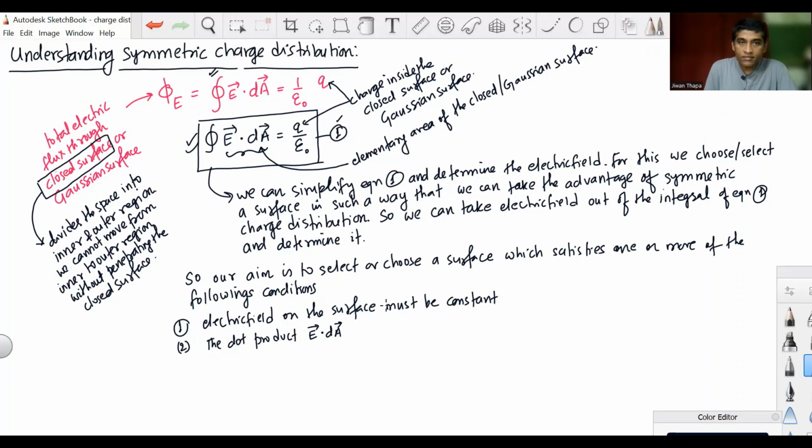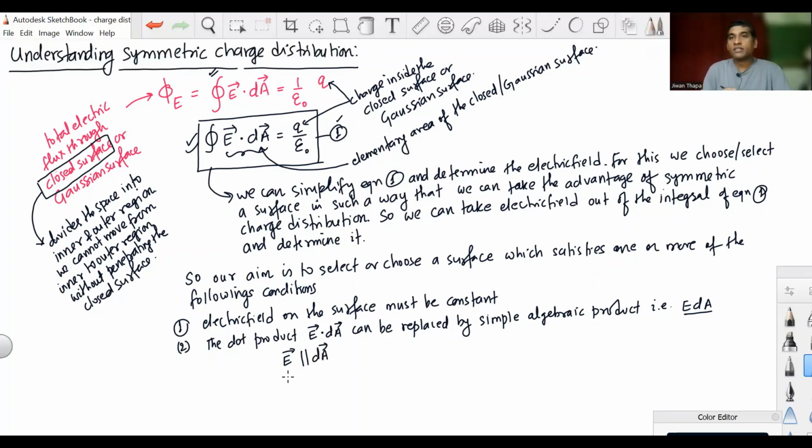The dot product can be replaced by a simple algebraic product, that is EDA. So for this to hold, electric field must be parallel to the area vector. So we need to note this.